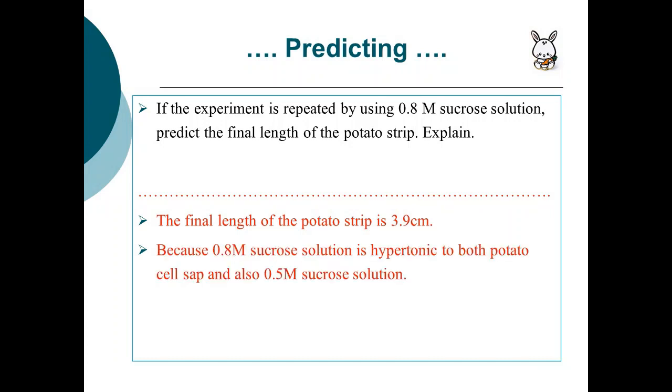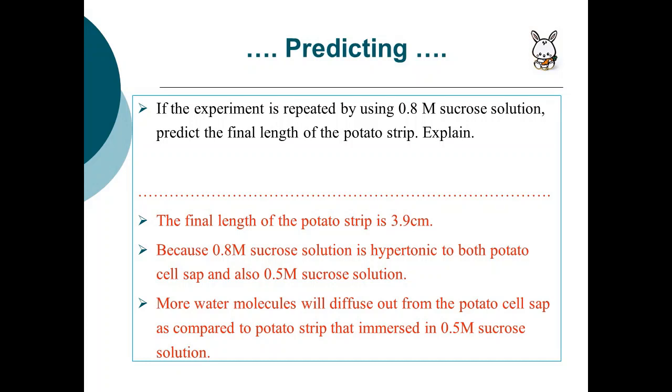Because 0.8 M sucrose solution is hypertonic to both potato cell sap and also 0.5 M sucrose solution, more water molecules will diffuse out from the potato cell sap as compared to the potato strip immersed in 0.5 M sucrose solution. Therefore, the final length of the potato strip is shorter than the potato strip in the 0.5 M sucrose solution.